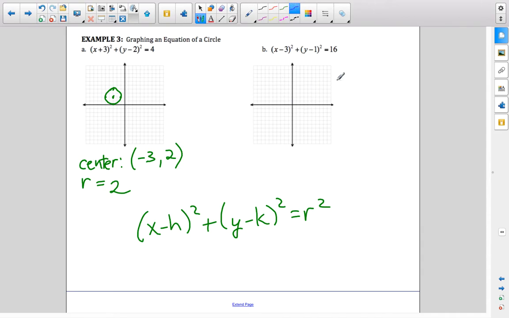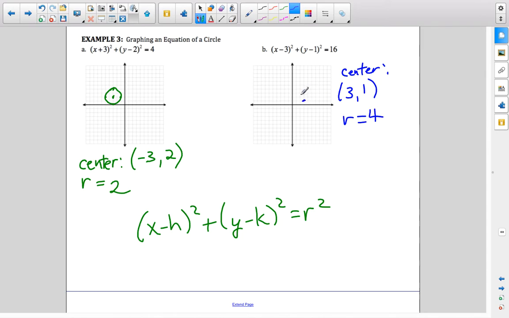Okay, let's go to our second problem. Our center is going to be at 3, 1. Our radius is the square root of 16, or 4. So first I put my center in, 1, 2, 3, 1.